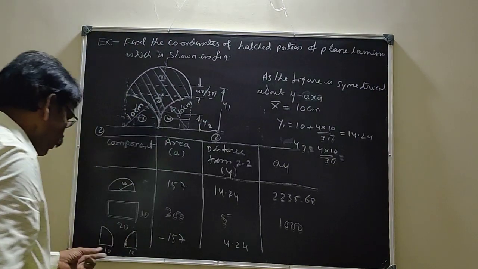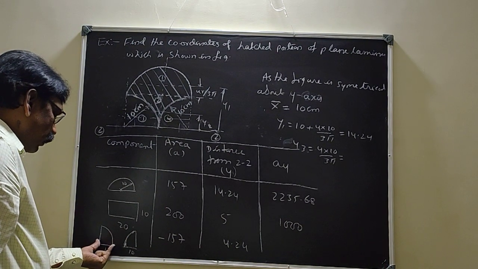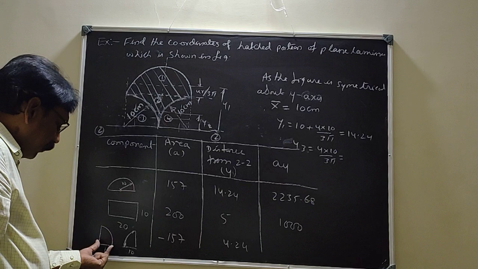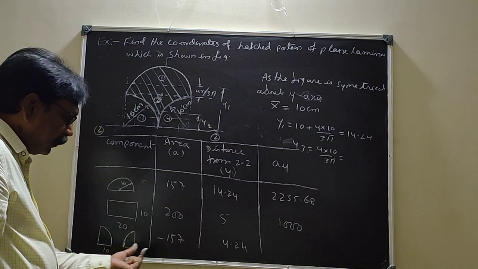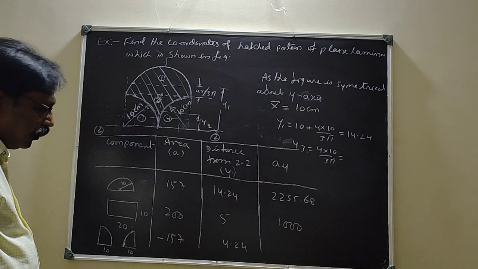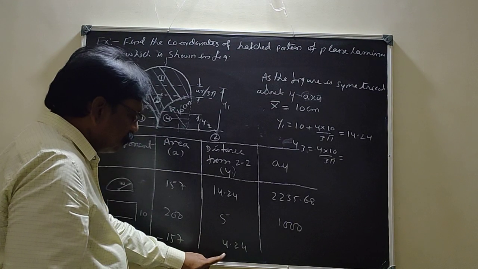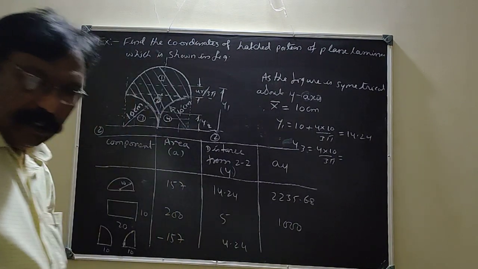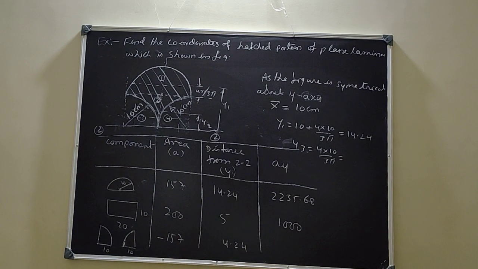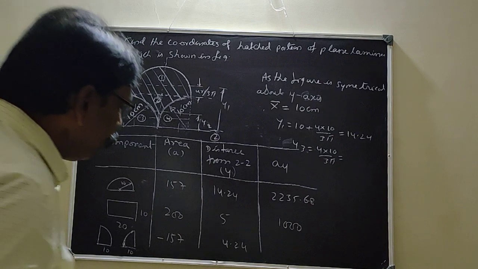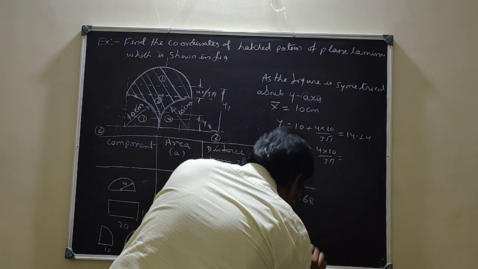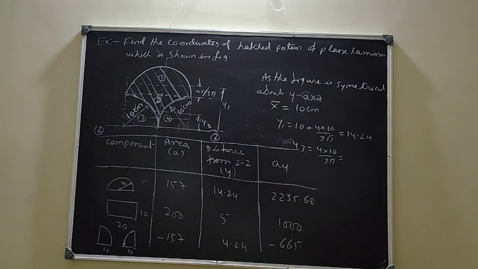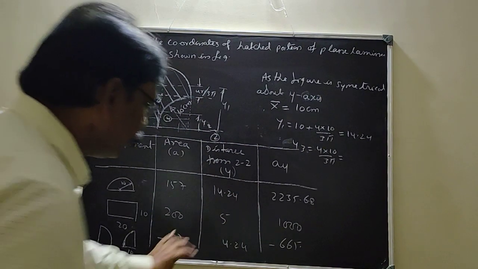That is pi r square by 4 plus pi r square by 4 together, adding together you will get 157 centimeter square. So now this is the centroidal distance. If you multiply, then you will get minus 665.68.